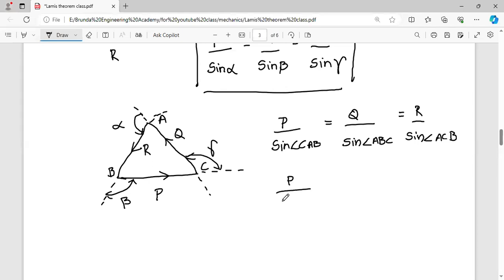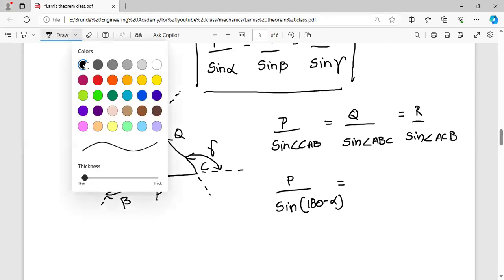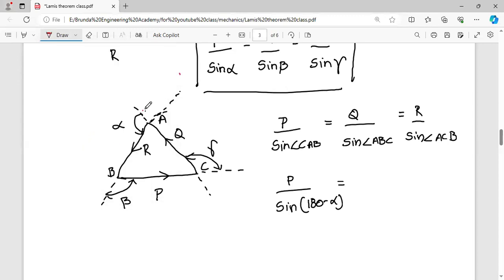Then coming to P by sine of angle CAB. Actually, this angle CAB can be taken as 180 minus alpha, sine of 180 minus alpha. The total angle is 180, so we need the remaining closed angles.